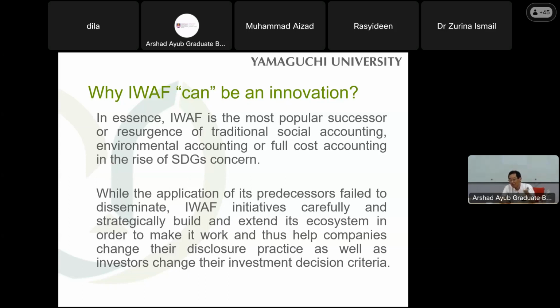Again, I am talking about IWAF and SMA, which is better or not. From a theoretical view, I don't have any particular preference. Either will be okay, but what matters is which will be innovative.